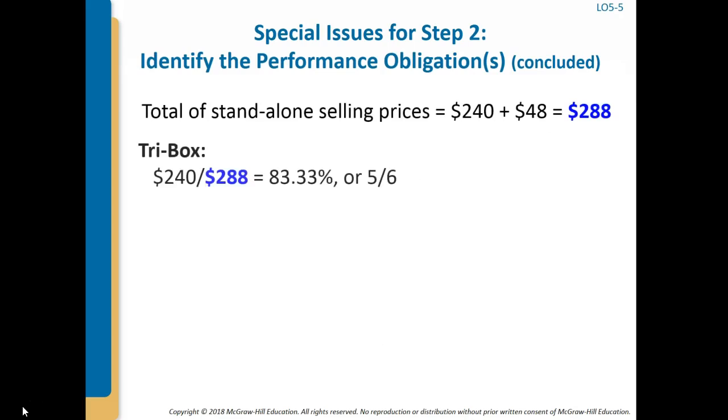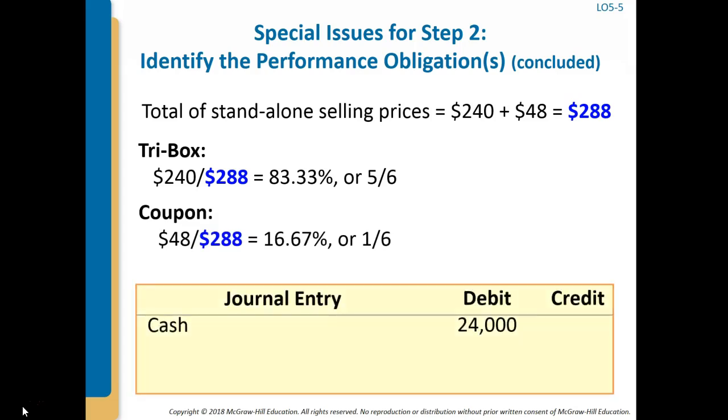The sum of the standalone selling prices of the performance obligations is $288, equal to the try-box module of $240 plus the coupon of $48. Now the try-box module, $240, represents 5/6 or 83% of the total, the 240 divided by 288.